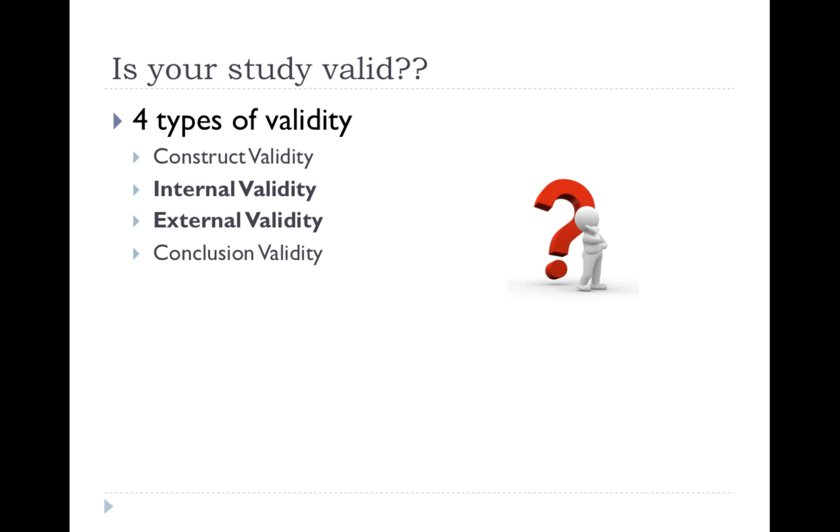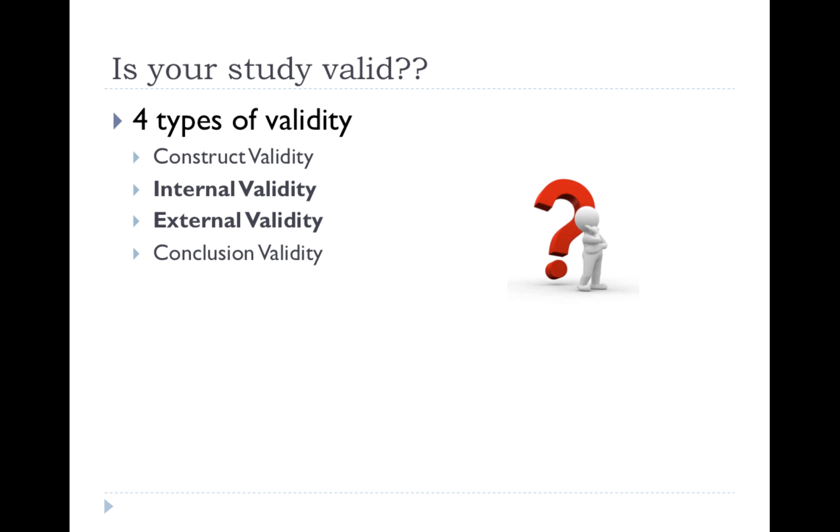Okay, lastly, we have conclusion validity. So conclusion validity really is concerned with looking at whether the findings are reasonable based on the statistics that you used. So when a researcher believes that the results are valid based on the assumption that the data are correct, then you would have high conclusion validity.